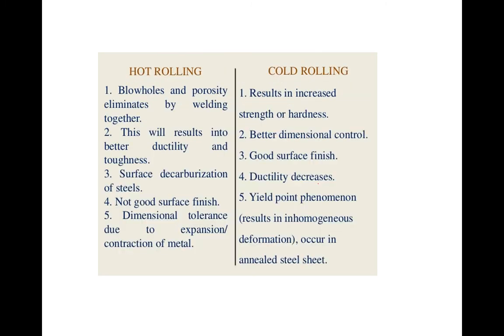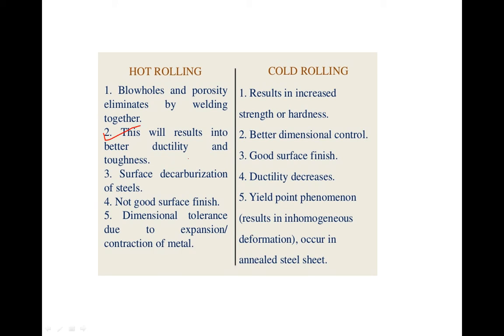So, the difference between hot rolling and cold rolling. Blowholes and porosity are eliminated in hot rolling, but in cold rolling there is porosity and blowholes. In hot rolling, you can obtain better ductility and toughness.